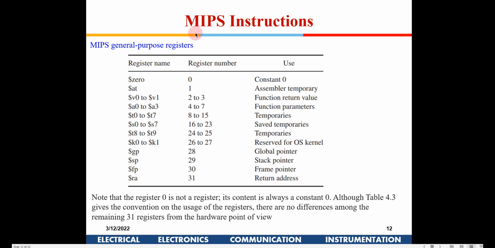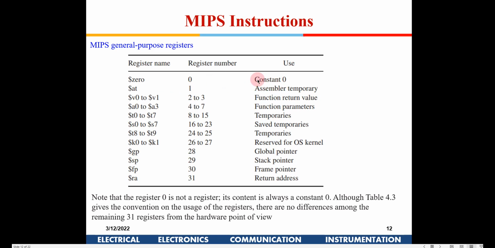In MIPS there are actually 32 registers. The first register is register 0. You can't write any data to it; you can only read from it, and it is permanently 0.